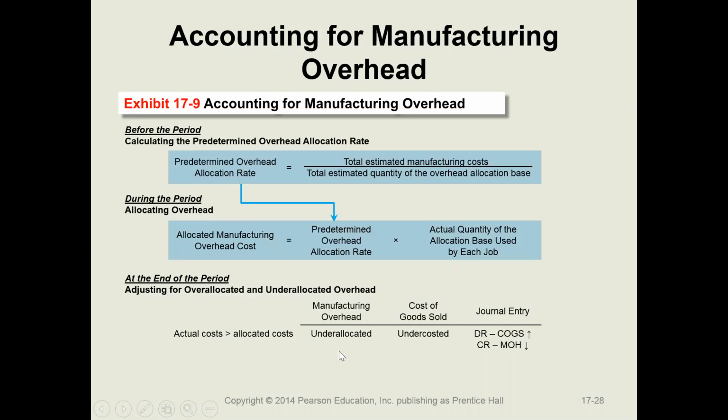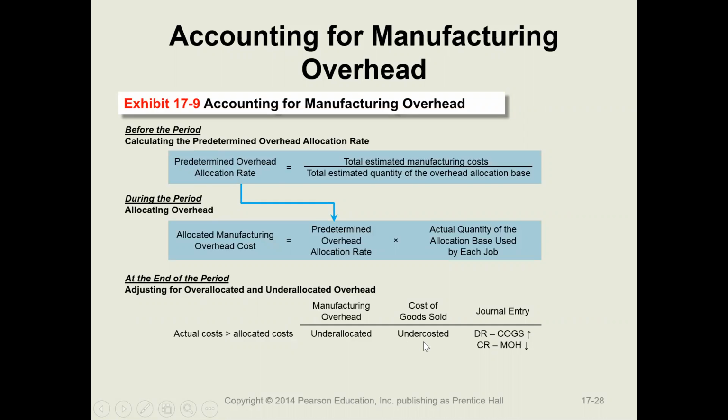That means not enough overhead was charged to jobs. So if that's the case, that means the cost of goods sold would then be under-costed. So it wasn't enough that we charged the cost of goods sold.